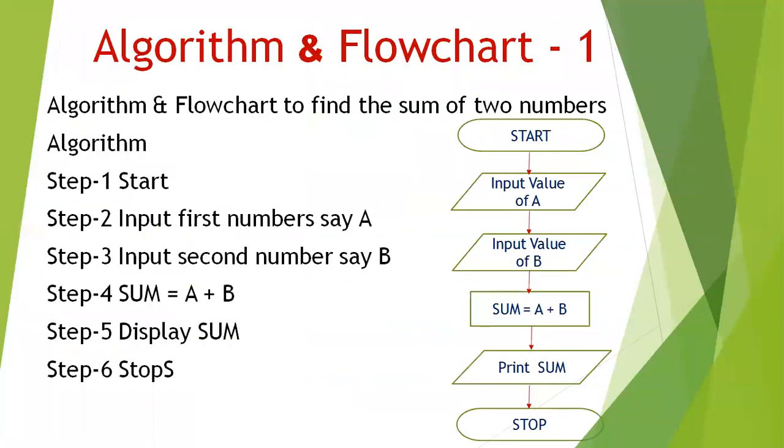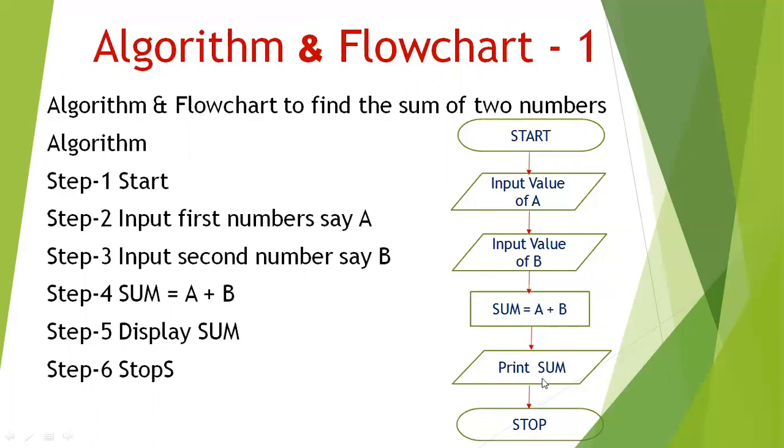Now let us see an algorithm and flowchart. Let us write an algorithm and flowchart to find the sum of two numbers. Here I have written the algorithm on my left hand side and I have drawn the flowchart for the same on the right hand side. We have written the algorithm using 6 steps, so there are 6 symbols.